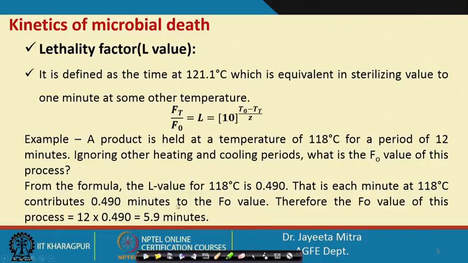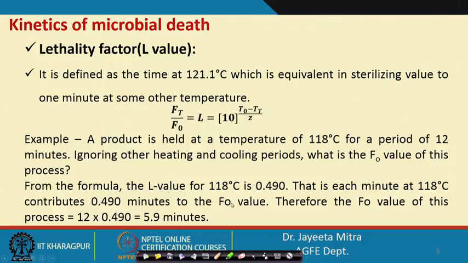So, the lethality value for 118 degree Celsius will be 0.490. So, we can calculate the L value. L value is 0.490, that is each minute at 118 degree contributes 0.490 minute to the F0 value.